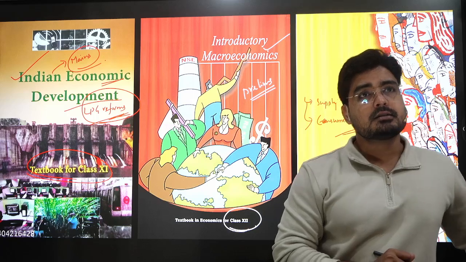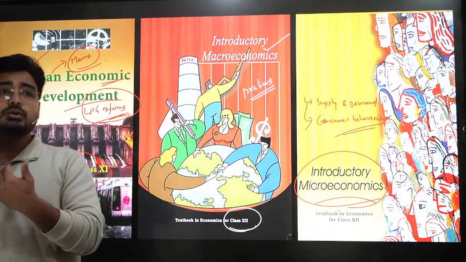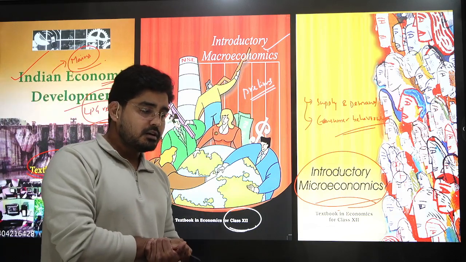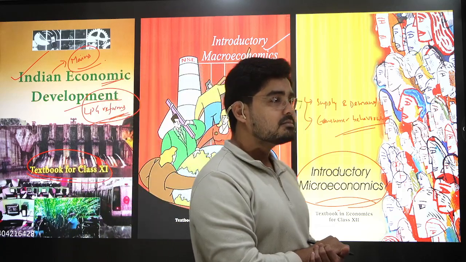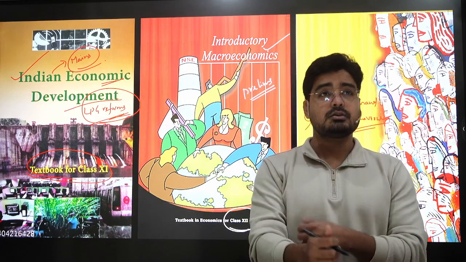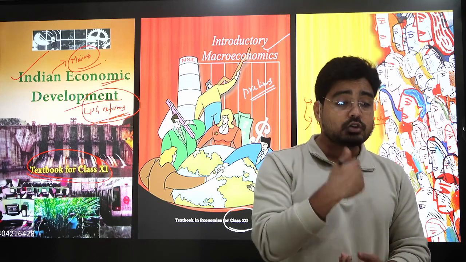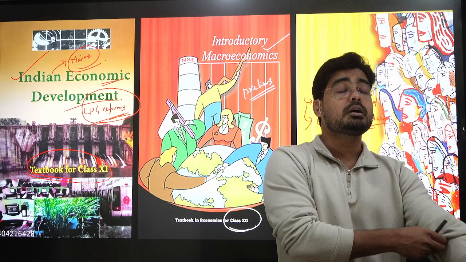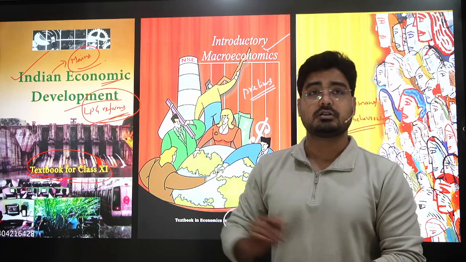Understand? So you have the sources, but how are you going to deal with the subject? It's not that you keep reading the textbooks without any goal. To understand the goal, you need to understand the demand of the exam: what kind of questions are going to be asked, and what is going to be tested by the UPSC with respect to this subject.